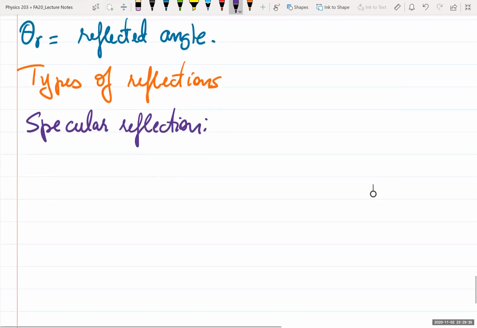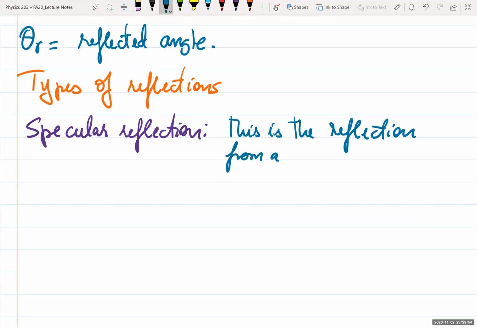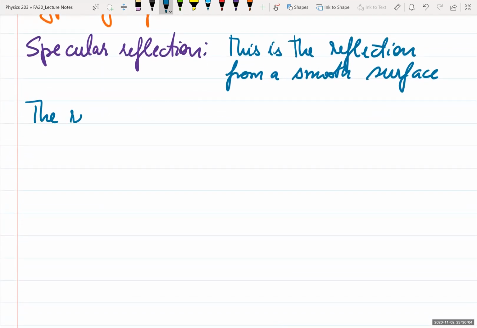This is the reflection from a smooth surface. The reflected rays are parallel to each other.